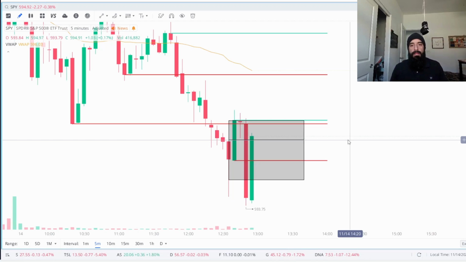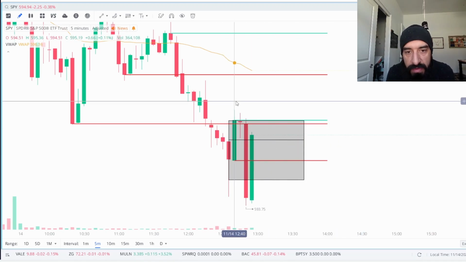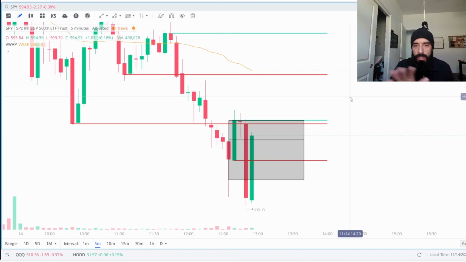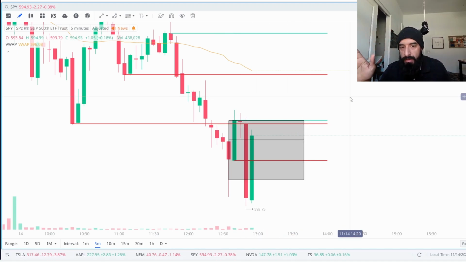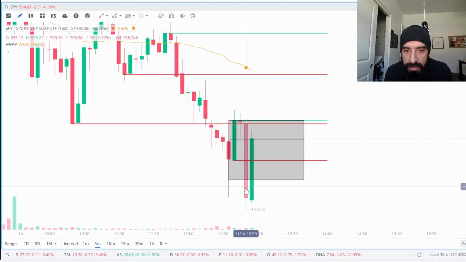But if it actually goes and closes above, creating a newer high, then this whole trade's voided and I have to wait for another high to be established. Ooh, actually, it created a low right here.